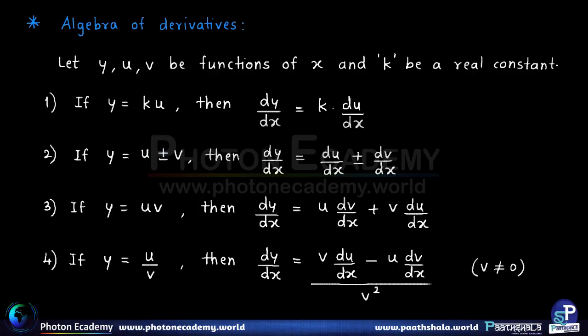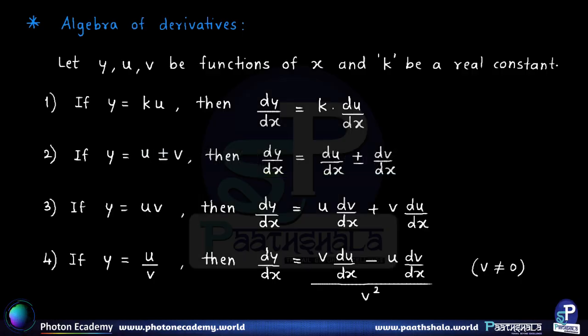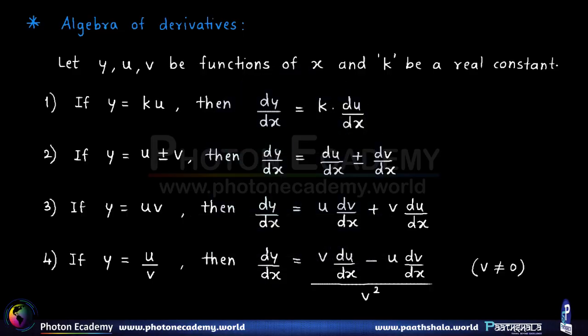Here we have to use a specific pattern, that is dy by dx is equal to u into dv by dx plus v into du by dx. So the way to remember is that the derivative of y is the first function into derivative of second plus second function into derivative of first function. That is called the product rule.